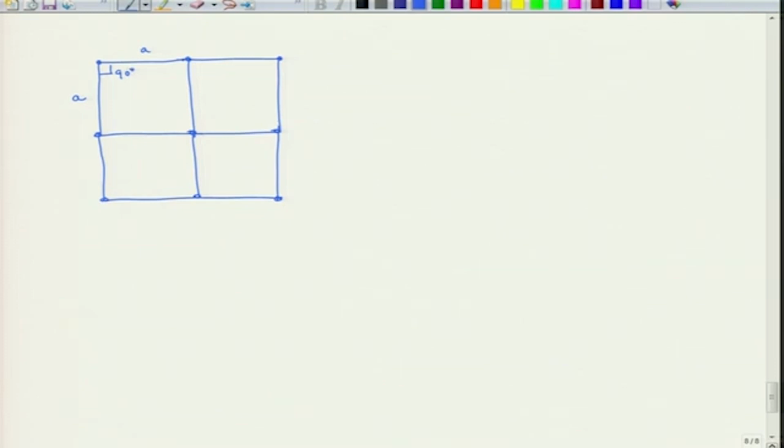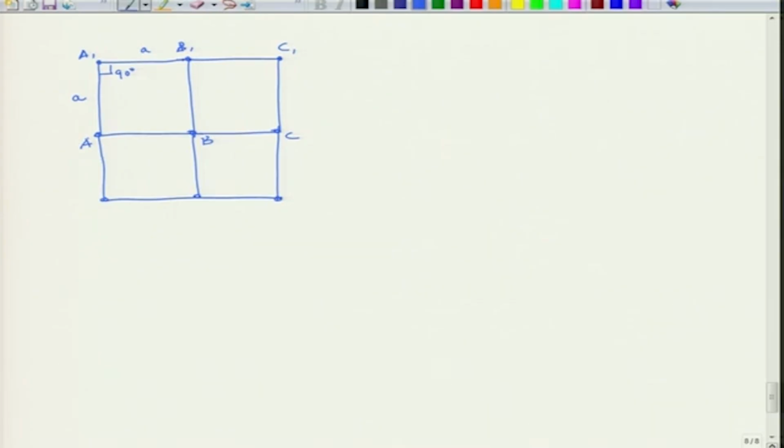We have translation symmetry whether you are at this point or this point or this point. So A, B, C, all these are identical points. Whether you are at A1, B1, C1 and so on, it does not matter, because translation symmetry will permit you to have identical neighborhood at each point. So the translation is there.